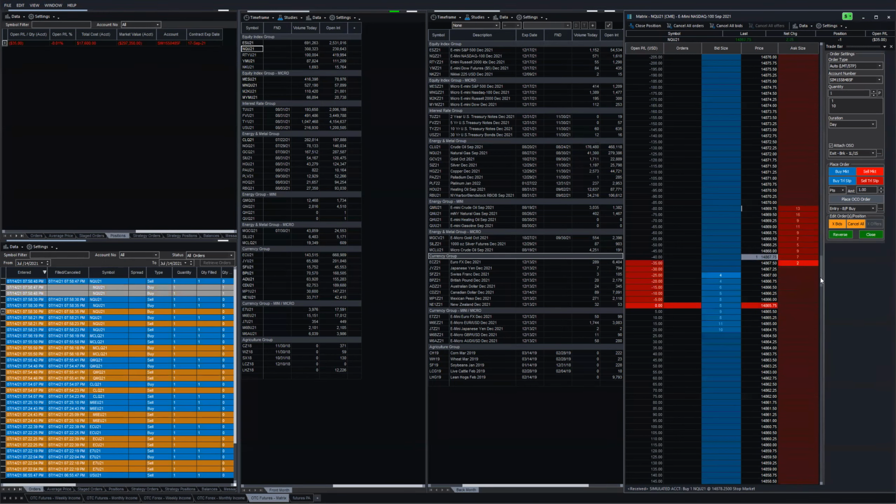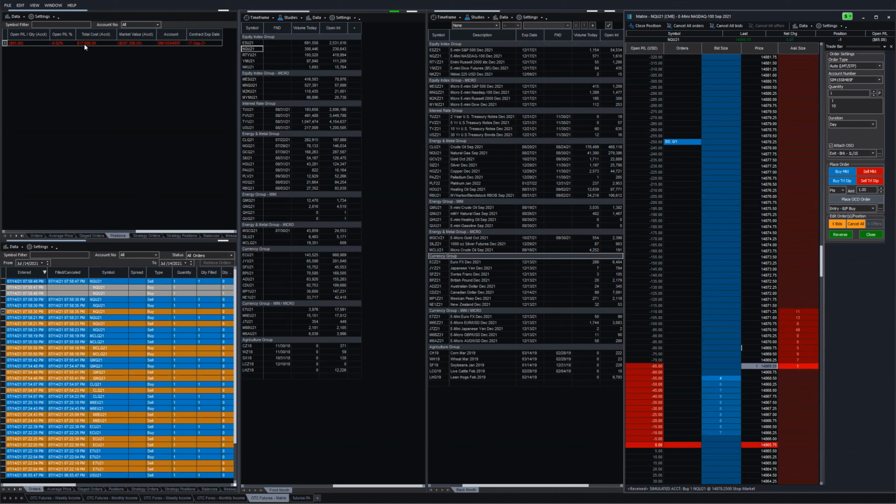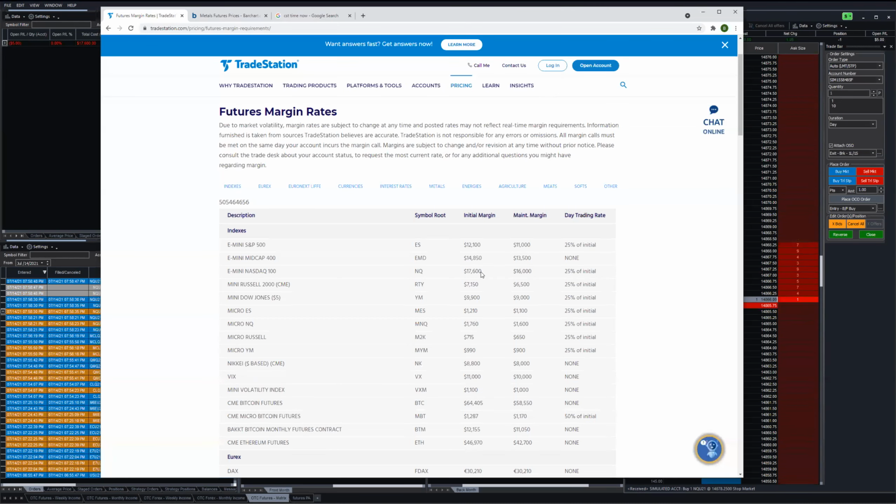So position, my total cost for this position, you see here. Do you see that on the screen? Everybody sees that? So that's my cost to open the trade. So that's my margin, my initial margin.